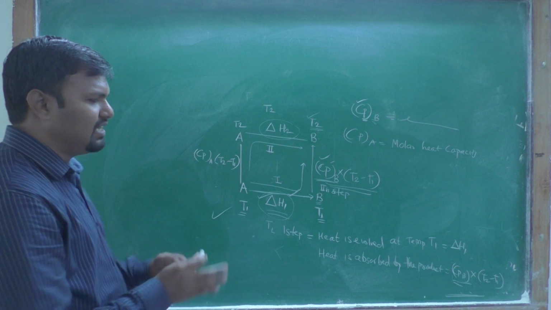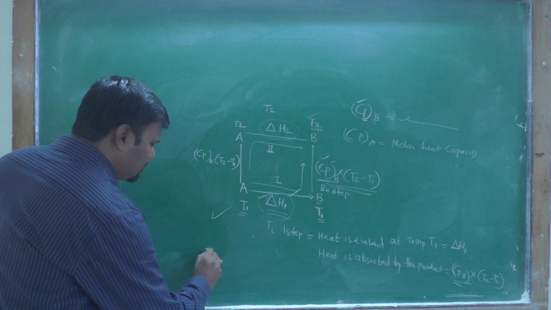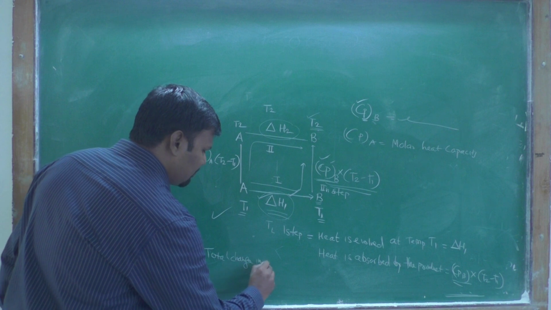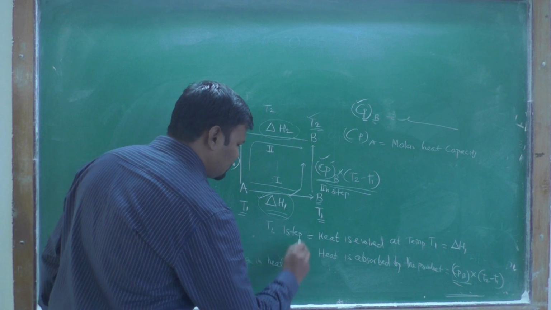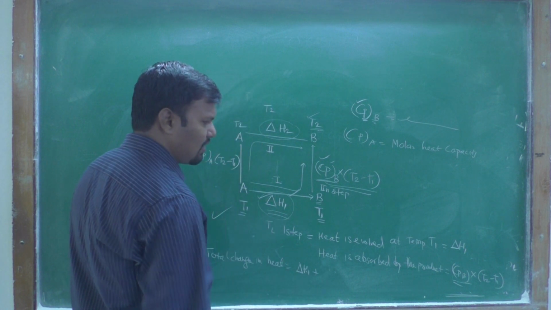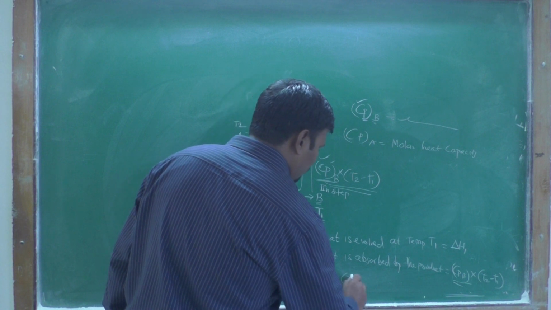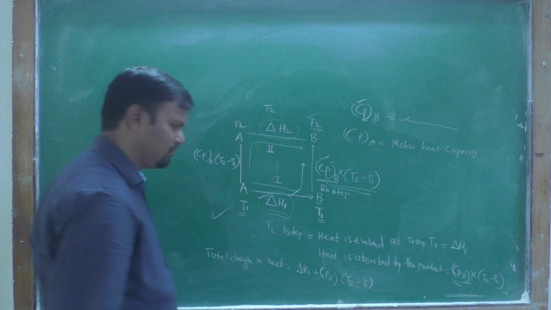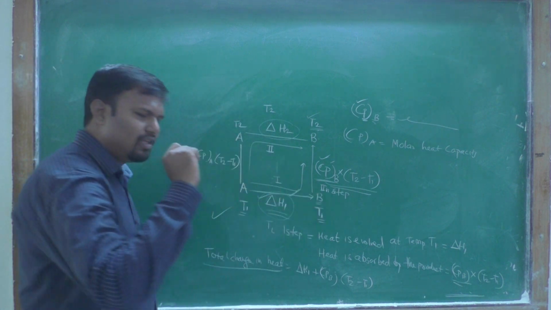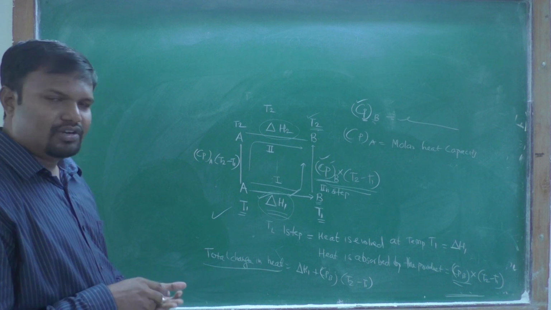Then the total change in heat for the first process is given as delta H1 plus Cpb times T2 minus T1.